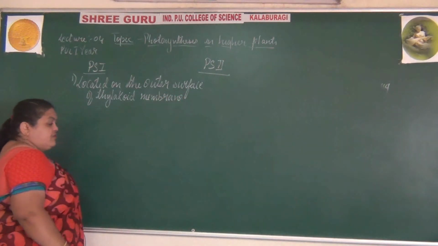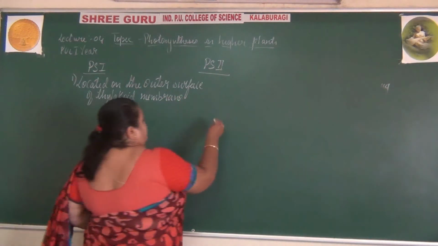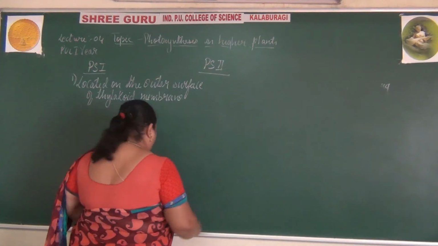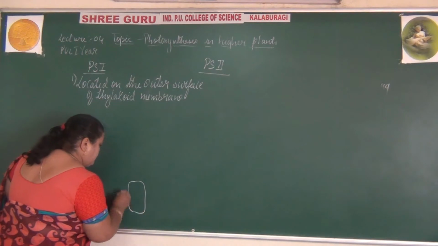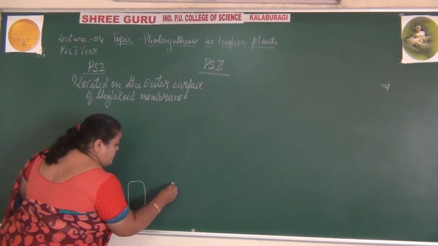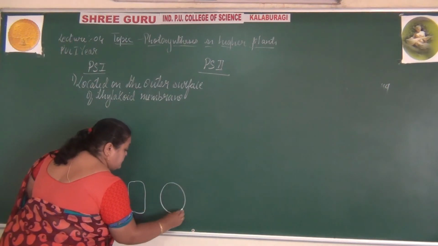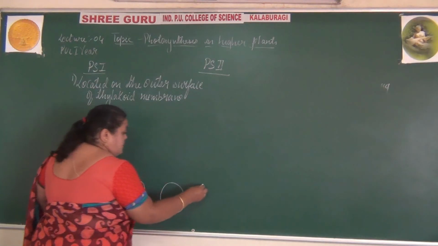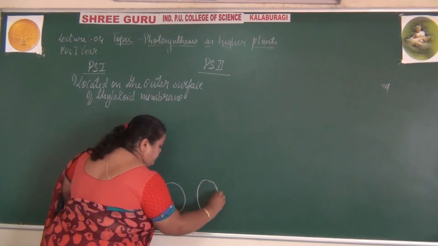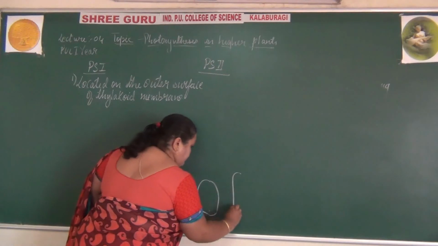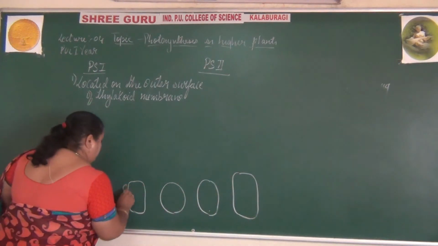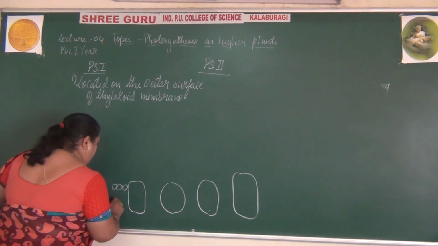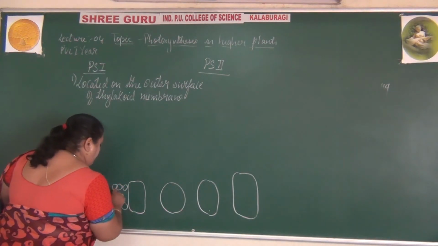As I had shown in the figure, if possible, I'll draw it once again. So this is photosystem 2, plastoquinone, cytochrome b6f complex, and photosystem 1 in the thylakoid membrane.